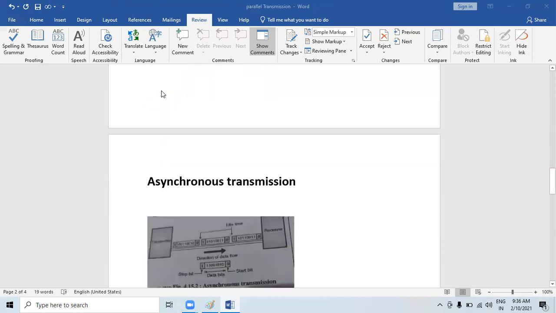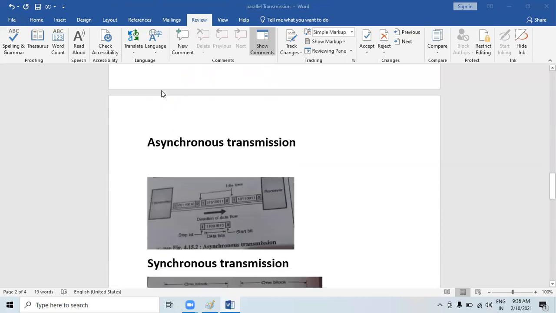In asynchronous transmission, the transmitter can transmit a data byte at any instance of time. Only one byte is sent at a time. After sending one byte, the next byte can be sent after an arbitrary time delay, as shown in this figure.